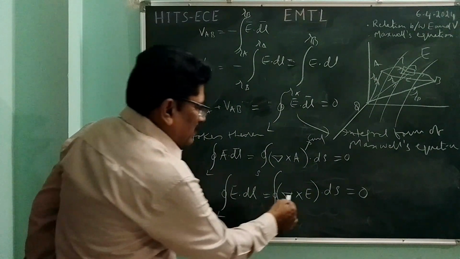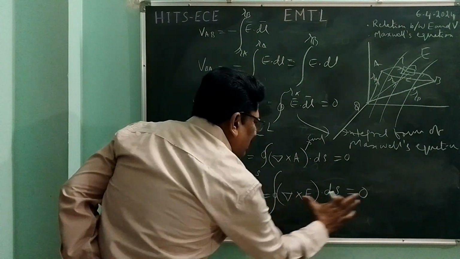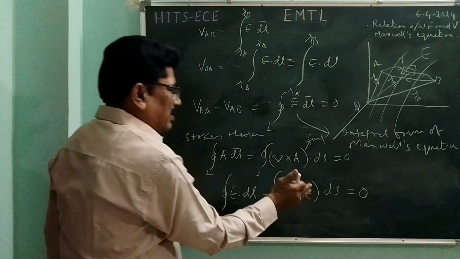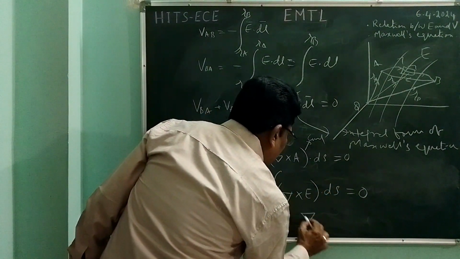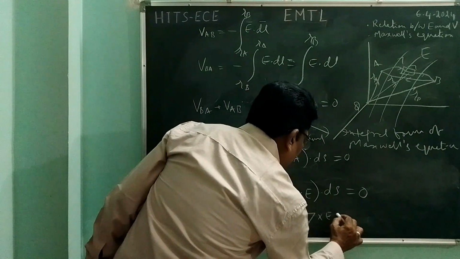If the integral of del cross E dot ds is equal to 0, then del cross E will be equal to 0.